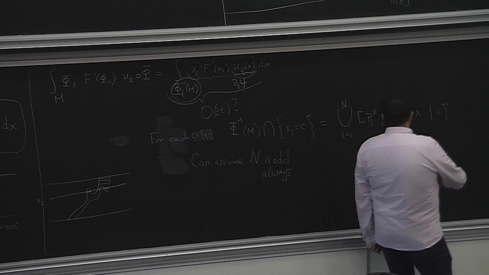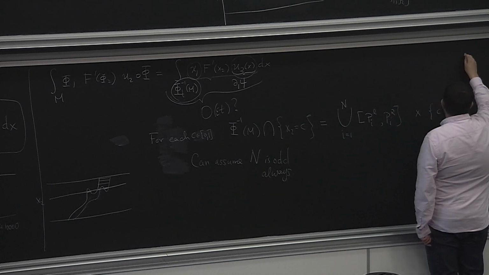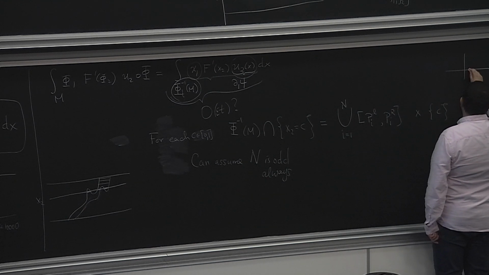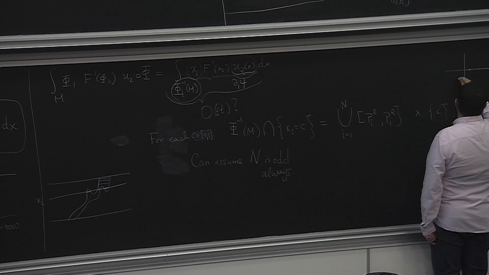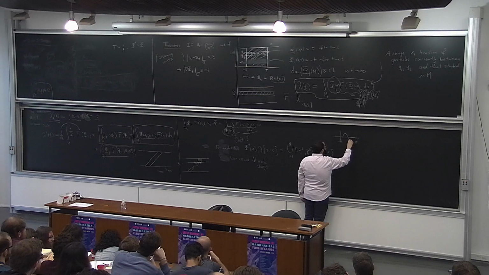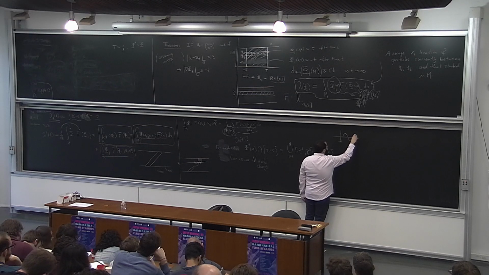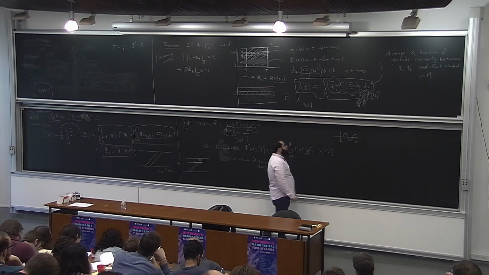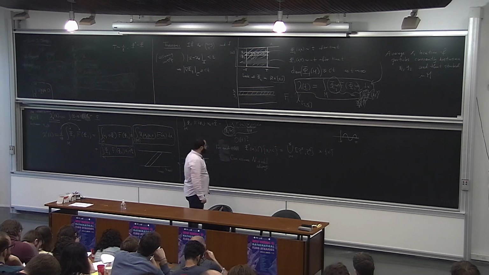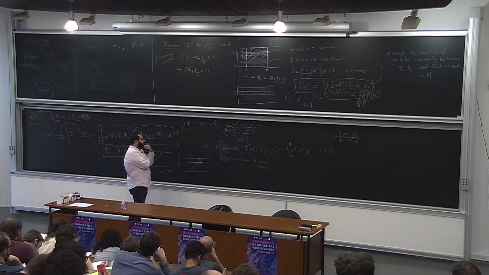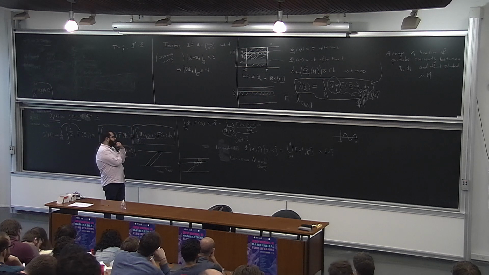So let's say you have a periodic function on minus pi to pi. Okay, I'll explain this point.